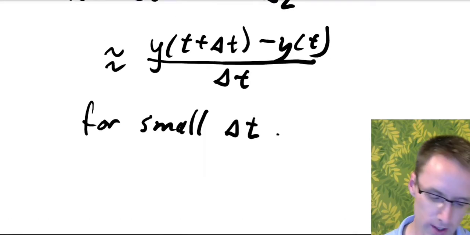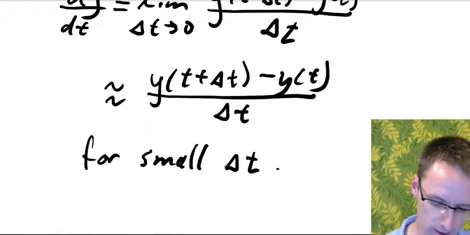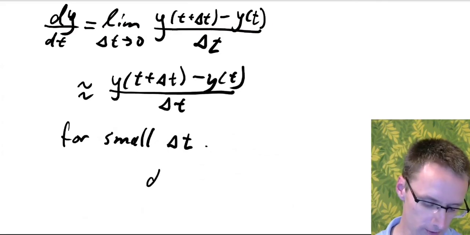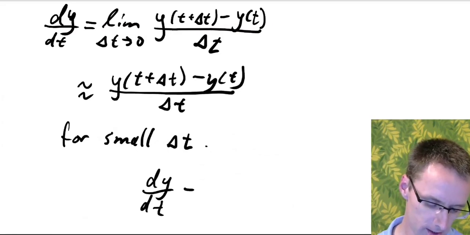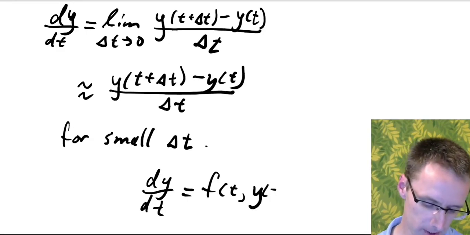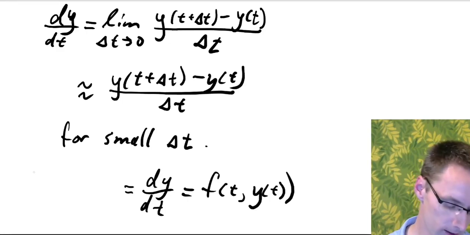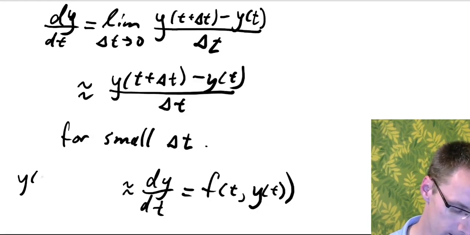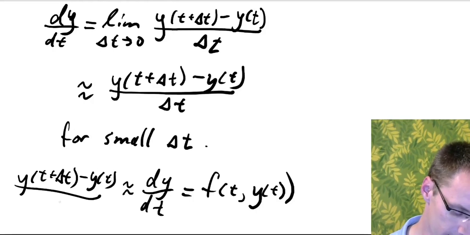This means that we can use this approximation in our differential equation. Let's write down our differential equation, dy/dt equals f at t comma y, and let's make the dependence on t explicit there. This can be approximated by y at t plus delta t minus y at t, all divided by delta t.